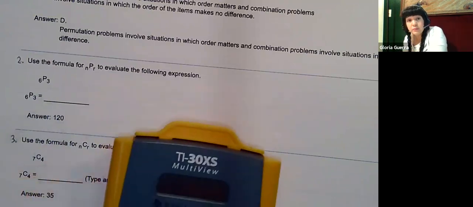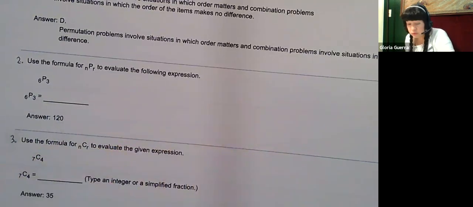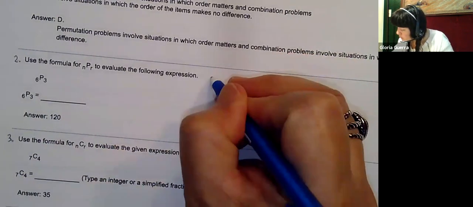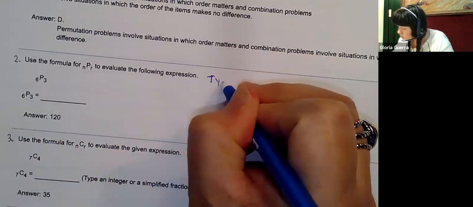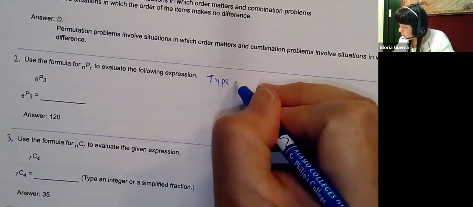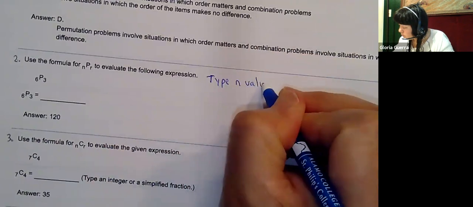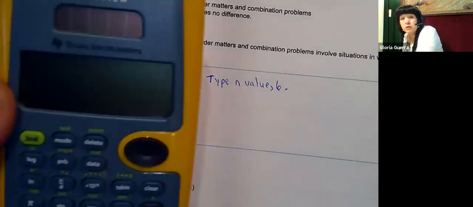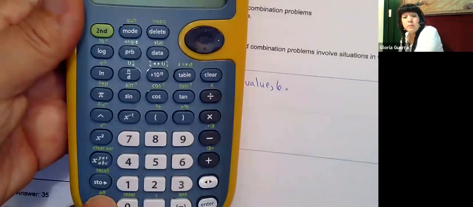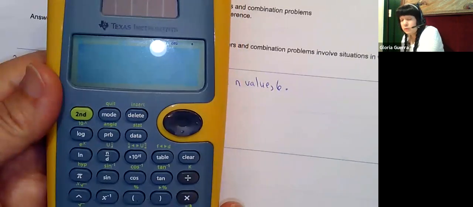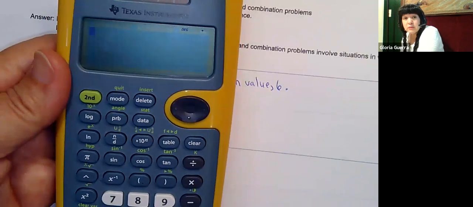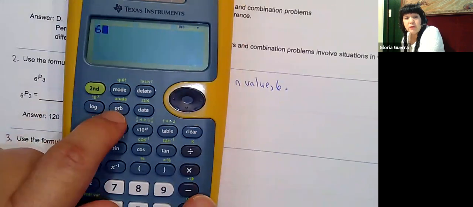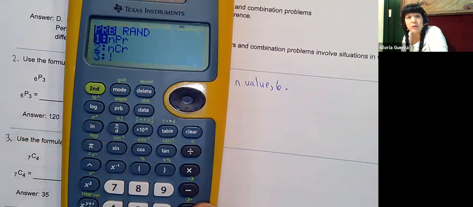So just to type that in on a calculator, what you would do is first type the n value, which is 6, in your calculator. Okay, so I'll turn this on. Okay, and then I'm going to type 6. Then you're going to press the probability key. See right here, PRB. So you're going to press the probability key.